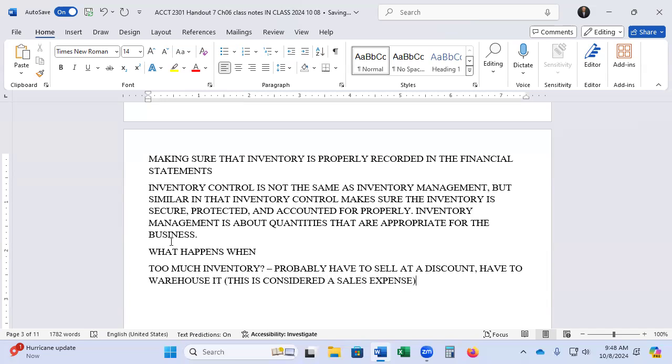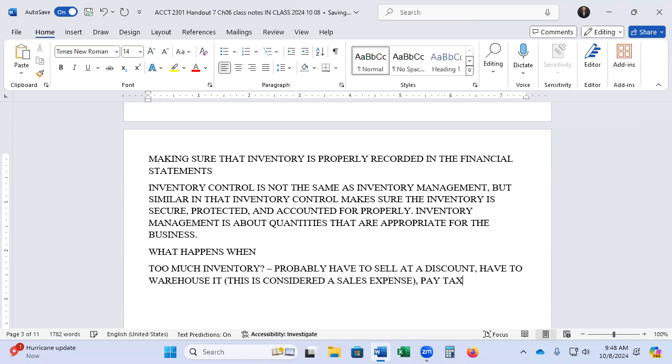And keep in mind, after the inventory is created, say for a manufacturing company, to ship it to the stores, to warehouse it, to store it, to protect it, those things are considered a sales expense, and it's expensive to store inventory.